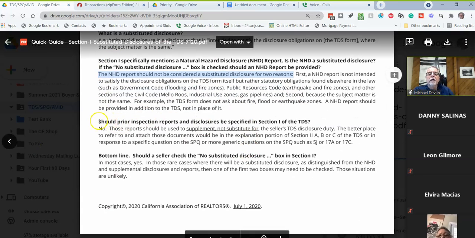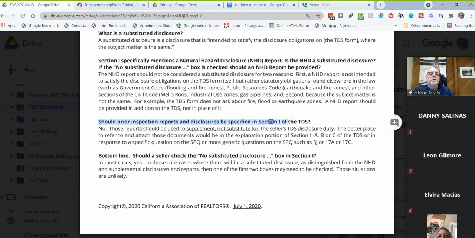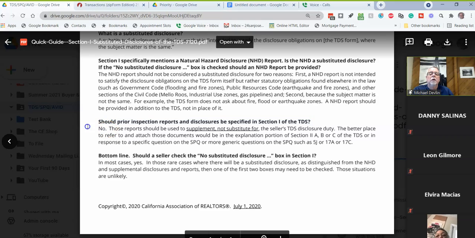Should prior inspections and reports be specified in Section 1 of the TDS? The answer is no. No, because they weren't done to substitute for the seller filling out the TDS. They really weren't. So what is the bottom line? You should probably be checking no substituted disclosures.